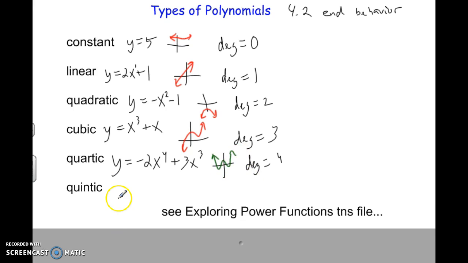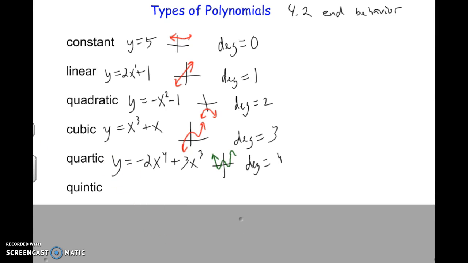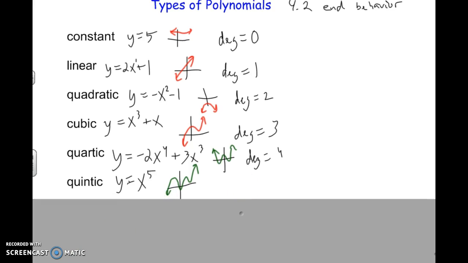Quintic is our last one that I want you to see. That might be like y equals x to the 5th. The graph of a quintic could look kind of like this. So the degree of this function is 5.